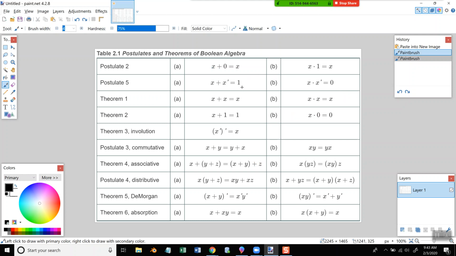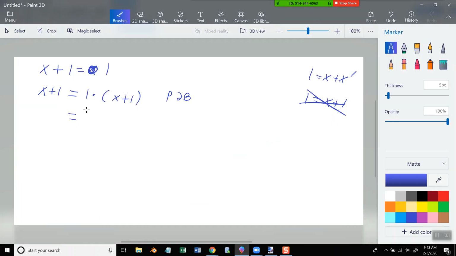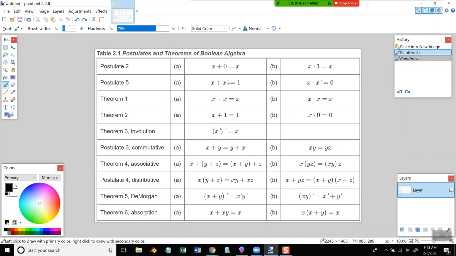This is a postulate, so that's the only one with 1 on it that isn't a theorem. Well, that pretty well narrows it down. This has to be rewritten in this manner. Now, whether you put a times there or you put parentheses next to each other, same idea. And that was from postulate 5a.